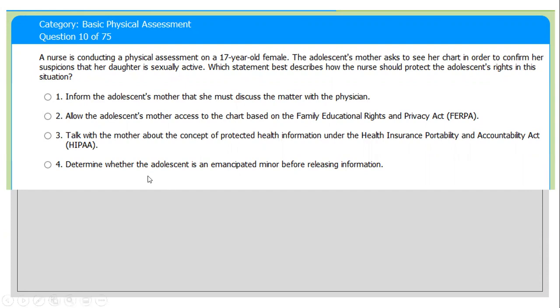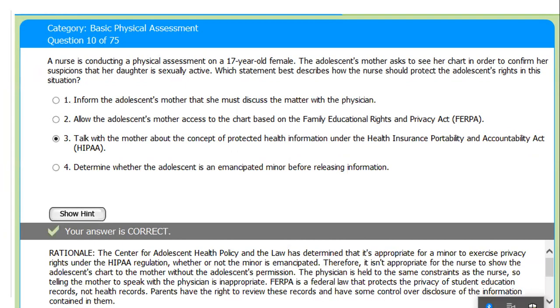And number four, determine whether the adolescent is an emancipated minor before releasing the information. So the first rule we have to follow is what HIPAA says. The privacy rule is the standard for the use and disclosure of individual health information. It protects the health information, subject to the privacy rules or law.